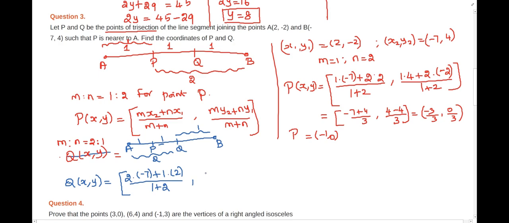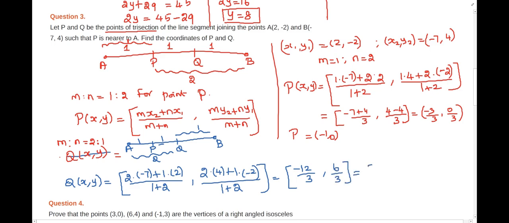Similarly my2, m is 2 into 4, plus 1 into minus 2, by 1 plus 2. So the values are minus 14 plus 2, that is minus 12 by 3, and 2 4s are 8, 8 minus 2 is 6, 6 by 3. So if you simplify, you get minus 4 comma 2. This is the Q point.